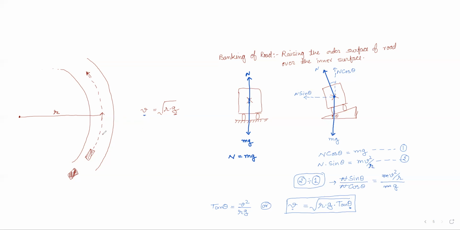Suppose we want to increase that velocity, then the simple solution is to go for banking of road. Just bank the road with an angle theta without changing the radius of curvature, and we can still increase the possible value of this maximum velocity. And that's what we call the banking of road. Hope this is clear to all.